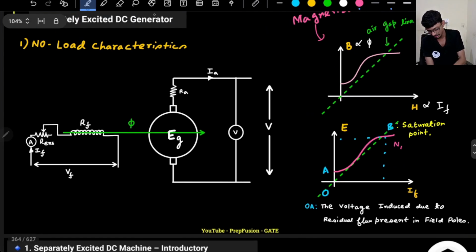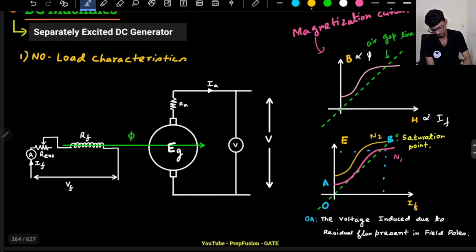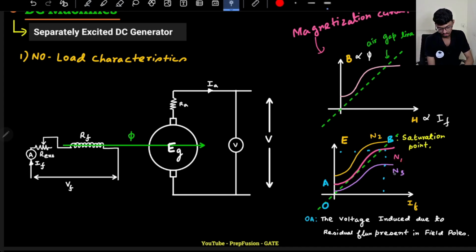If I increase my speed, the open circuit characteristics shift upward because the induced EMF is proportional to the flux density and speed. If I reduce my speed, the induced EMF will shift downwards. This is how my speed varies: n1, n2, n3.